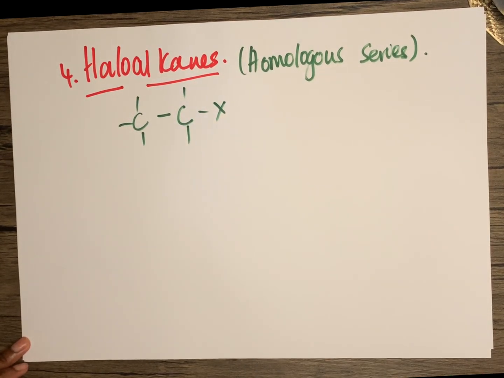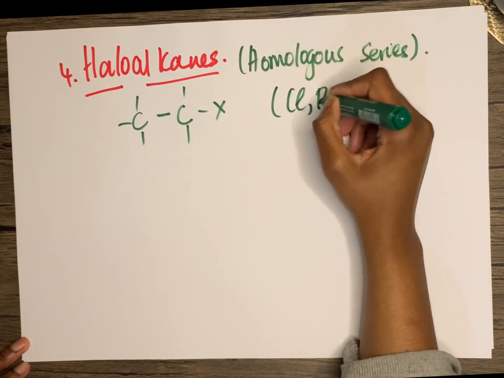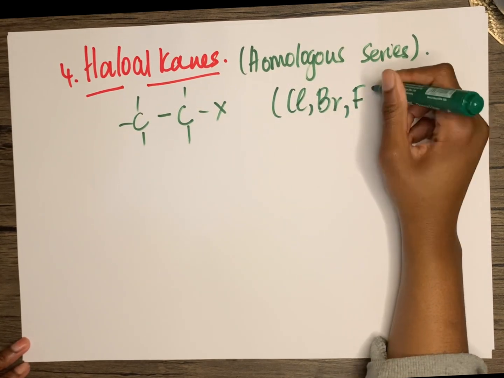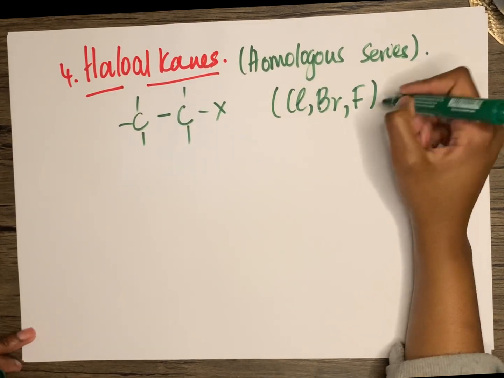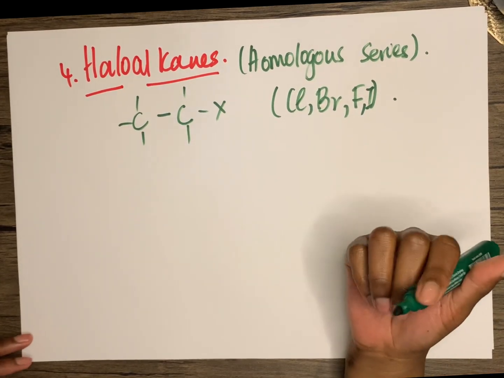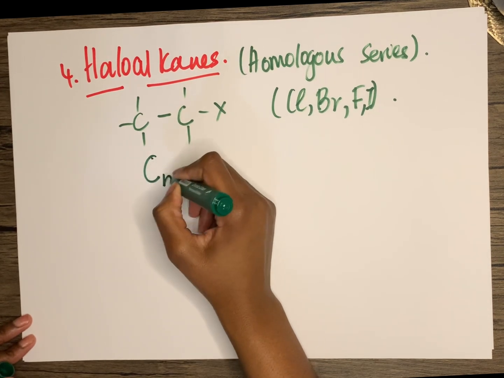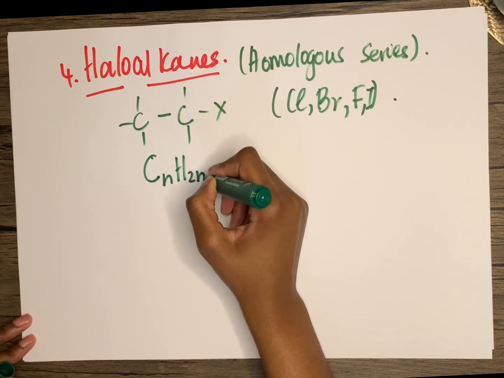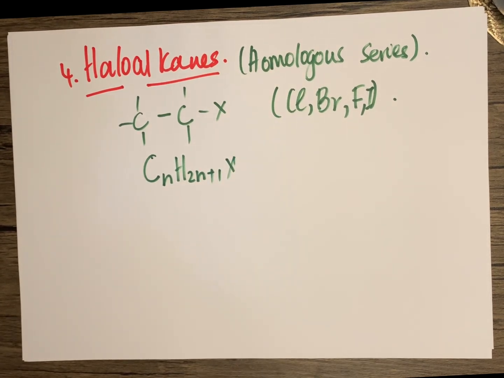There's going to be a specific halogen, which we refer to as X. So X refers to halogens like Cl, Br, and fluorine, right? And then can also be iodo, but usually it's the first three. And then we can also have a general formula, which is CnH2n+1X, right?